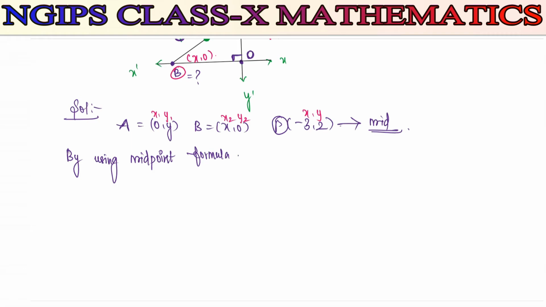The formula is x comma y is equal to x1 plus x2 divided by 2 comma y1 plus y2 divided by 2.